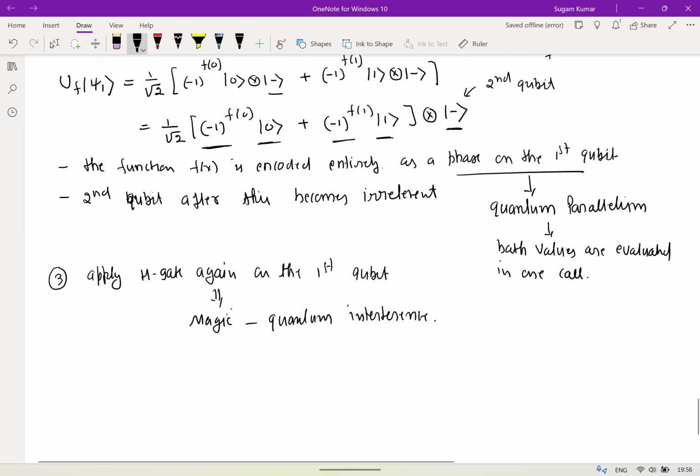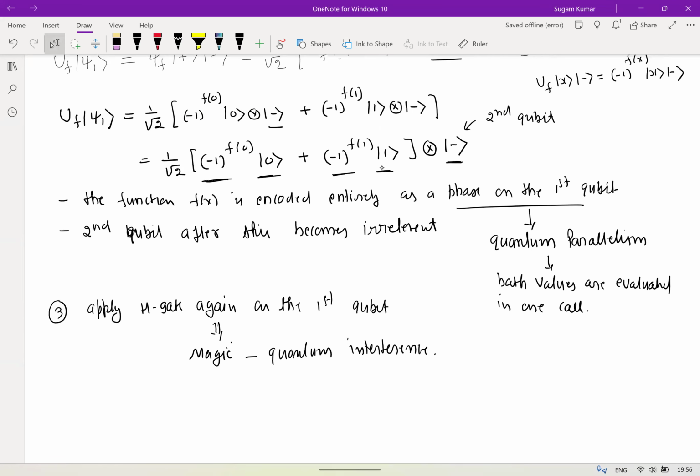So see here, now I can write this whole function as, let us say, phi. This is a one qubit function, and the second one I keep as such.